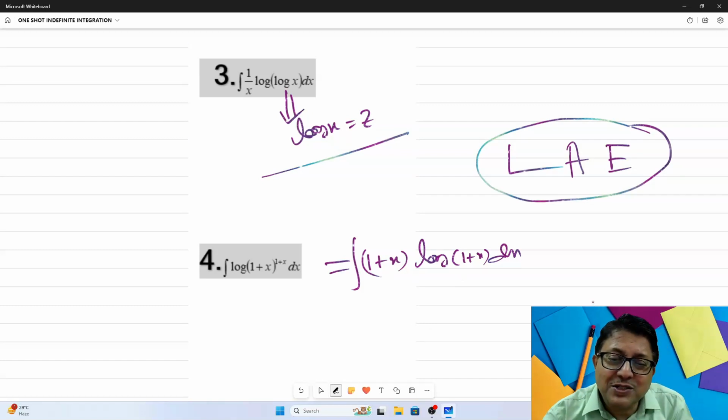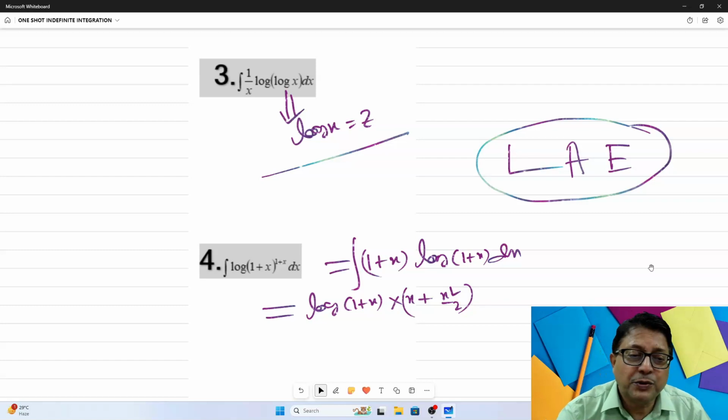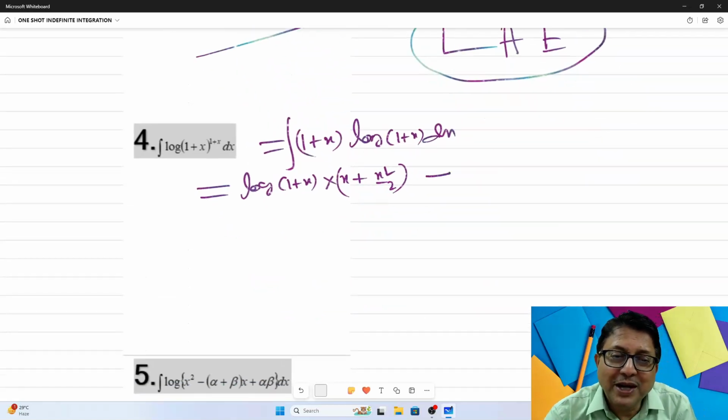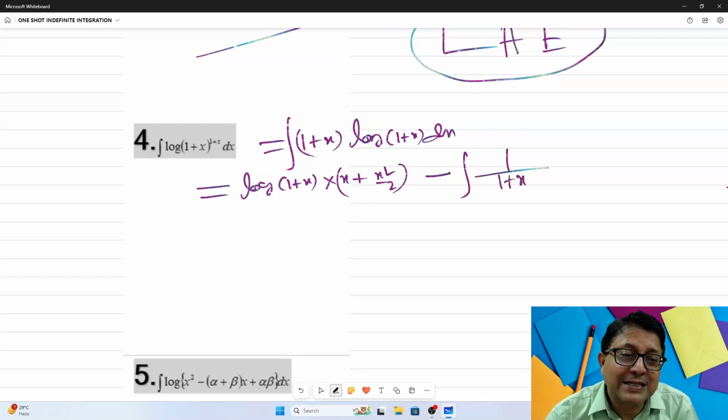Log 1 plus x will be the first function. You write log 1 plus x, integration of this thing is x square by 2, minimum 3 marks should be given for this sum, minus derivative of this is 1 by 1 plus x, 2x plus x square by 2 dx.